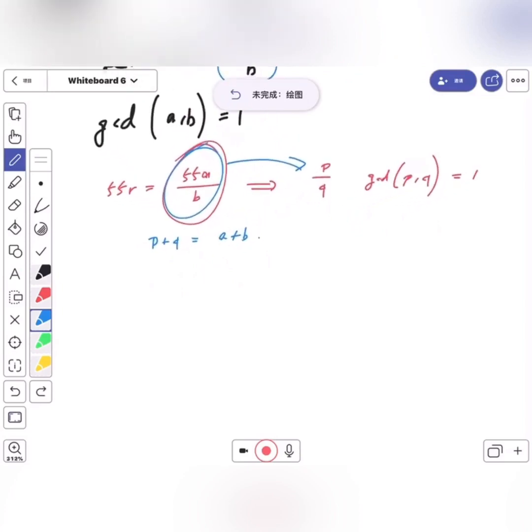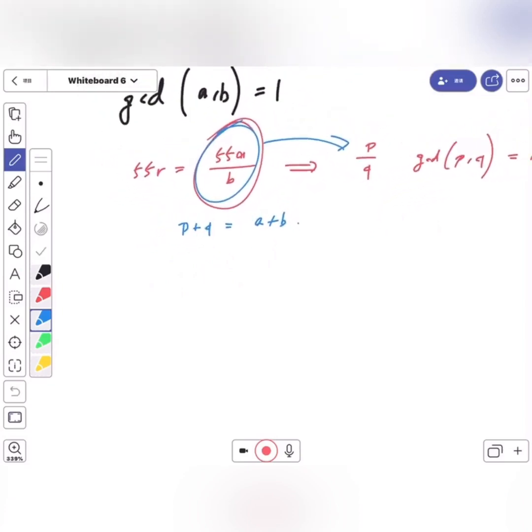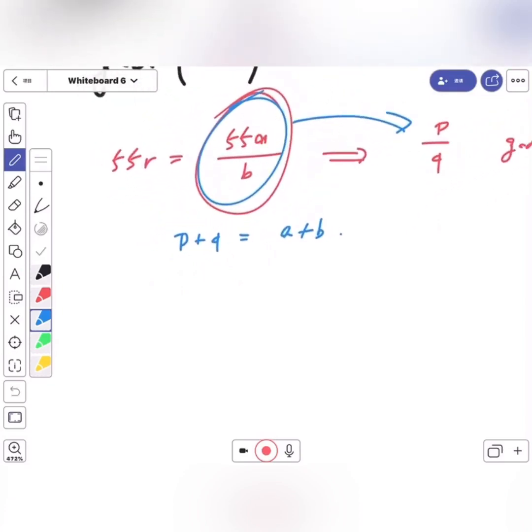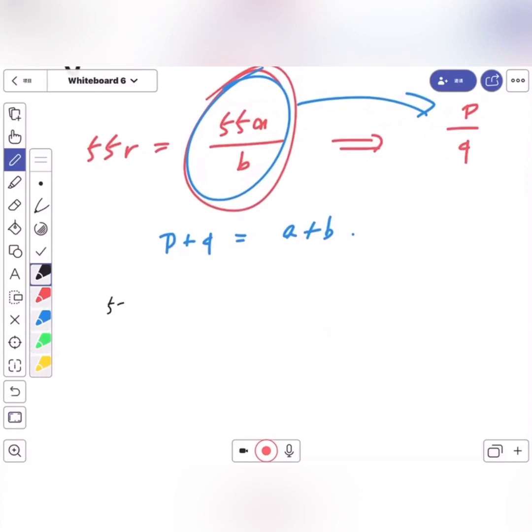Okay, so now we know that 55 is equal to 11 times 5, and if you do not believe it, then just divide by 5 and you get 11.